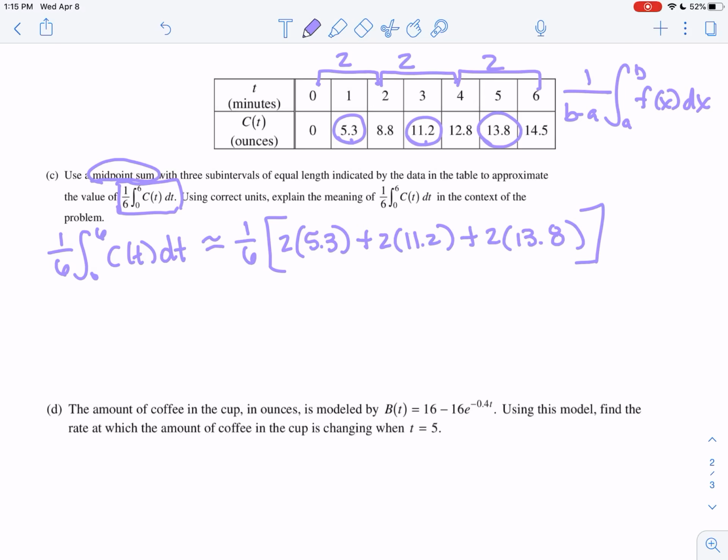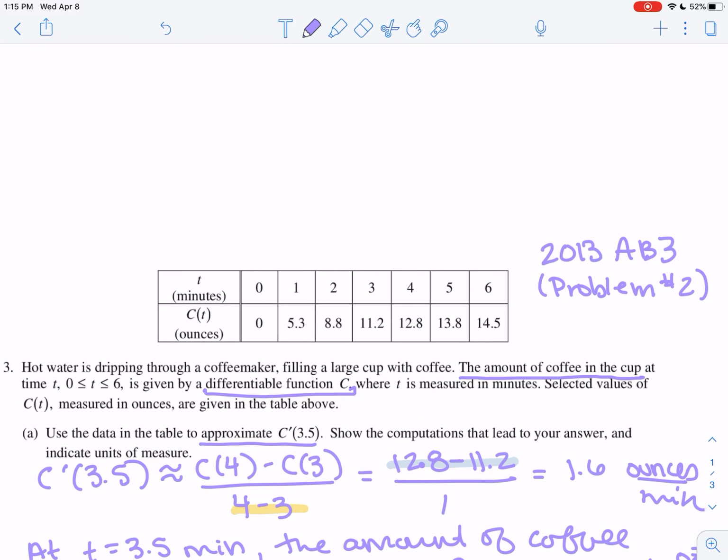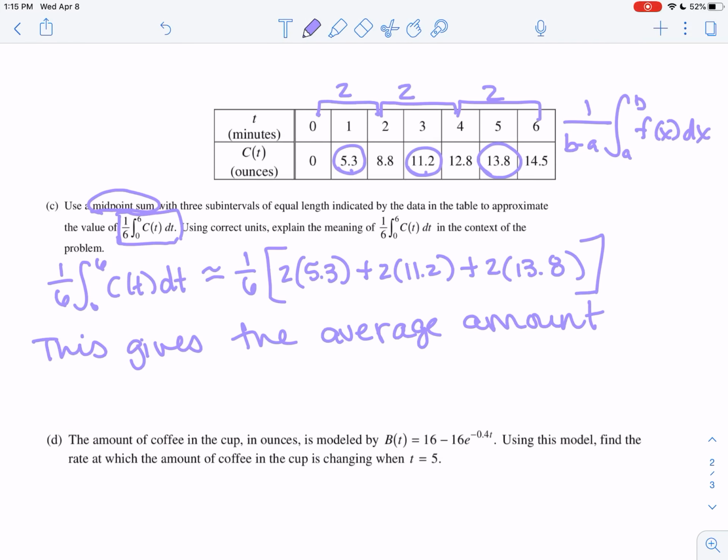Using correct units, explain the meaning of that integral in the context of the problem. All right, so we said this gives the average, and now we're going to go back to those words we underlined at the very beginning, right? Amount of coffee in the cup. Okay, amount.